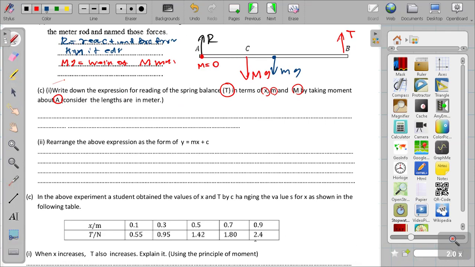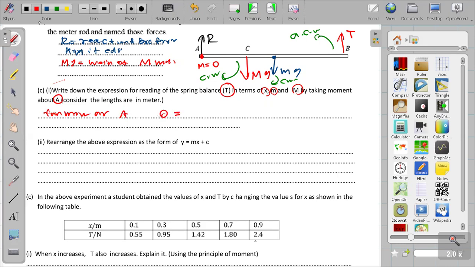So here there is a clockwise moment. There is another clockwise moment. Here there is an anti-clockwise moment. Right. Let's write the moments, taking moments around A.